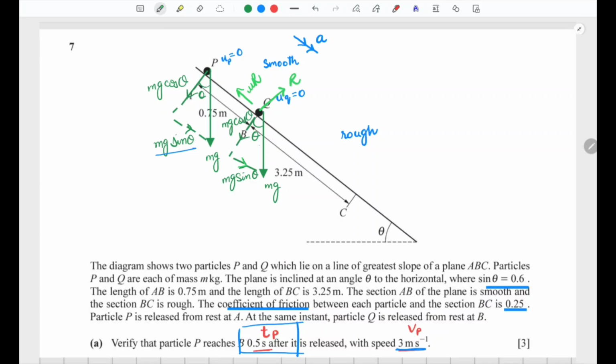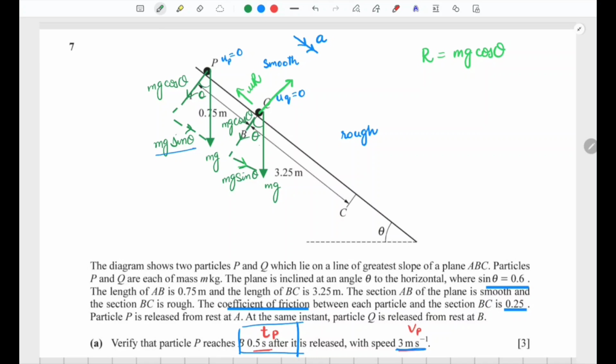You can find R by equating the up and down forces, because there is no net movement in the vertical direction, so the two forces will equate. So R will be equal to mg cos theta.